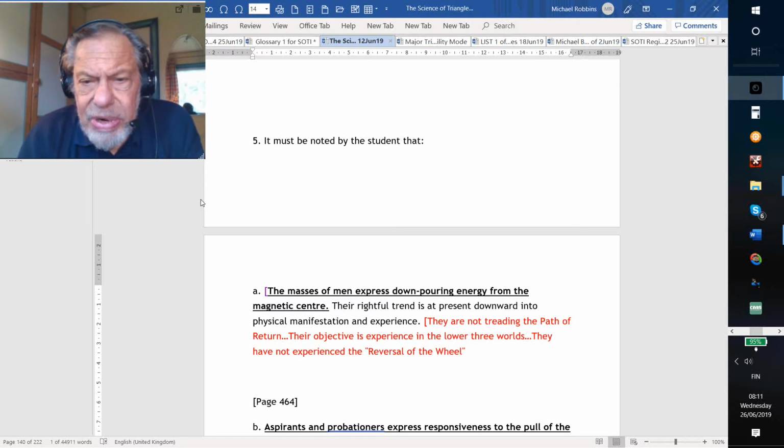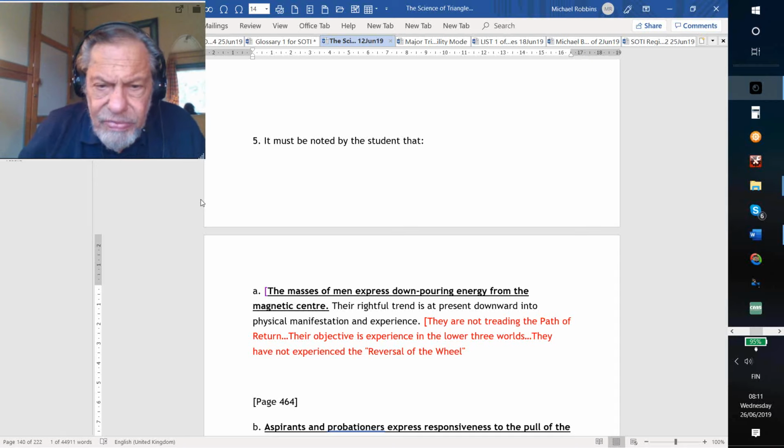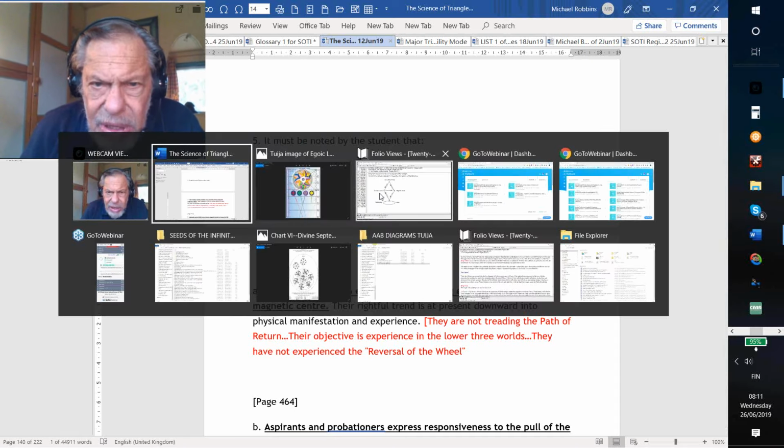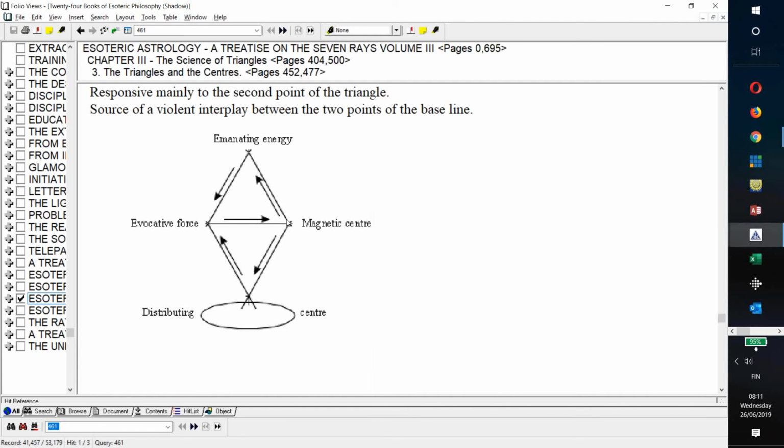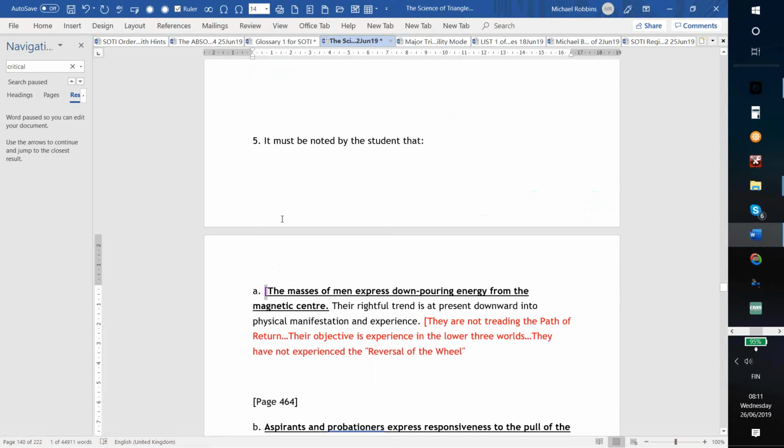The masses of men express downpouring energy from the magnetic center. Now, that is the personality center over here. It's a 1, 2, 3, monad, soul, personality. The magnetic center is the personal center. So that's where they express their energy. Their rightful trend is, at present, downward into physical manifestation and experience.